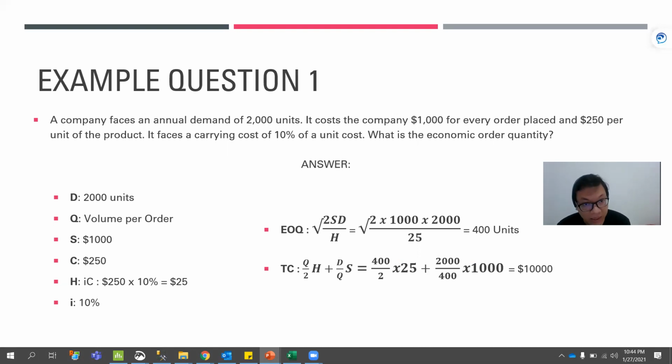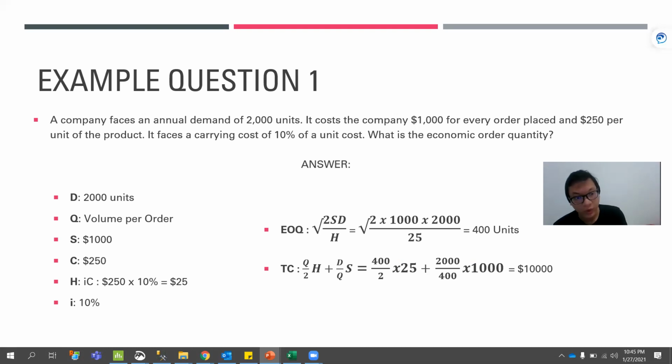So D is the demand, 2,000 units. Q is the volume per order, which is the EOQ. S is the cost for every order placed, and C is the cost per unit of the product. H is the cost after the interest rate.